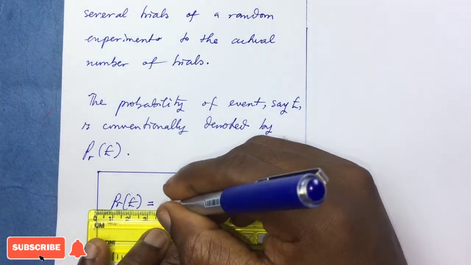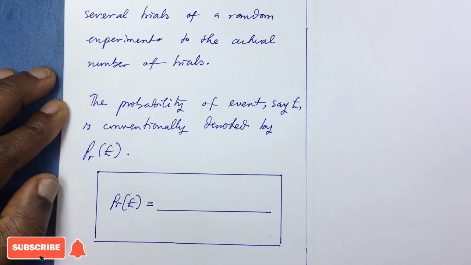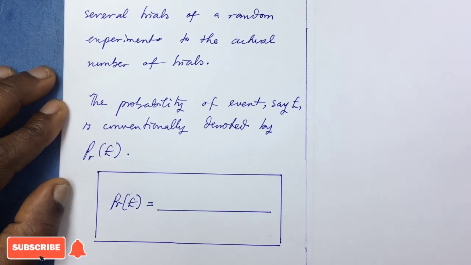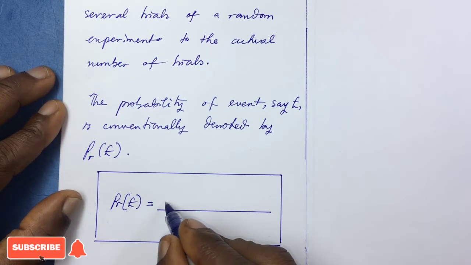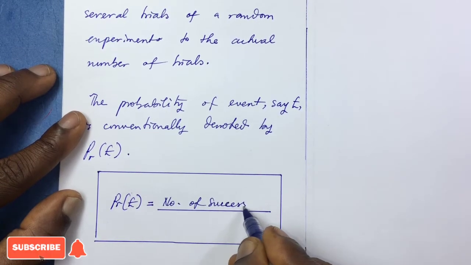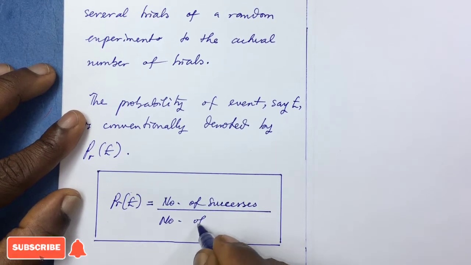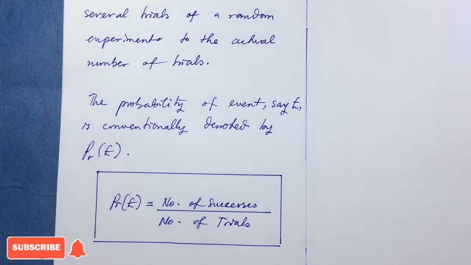What did we say about the empirical definition? We said empirically, probability may be defined as a ratio of the number of successes in several trials of a random experiment to the actual number of trials. So all I'm going to do here is to say number of successes all over number of trials. And that will now become a more concrete way of describing the empirical definition.